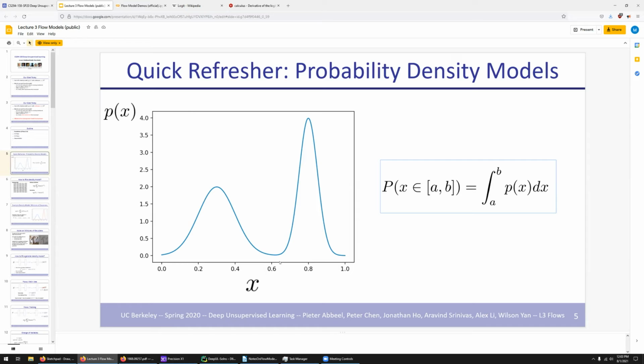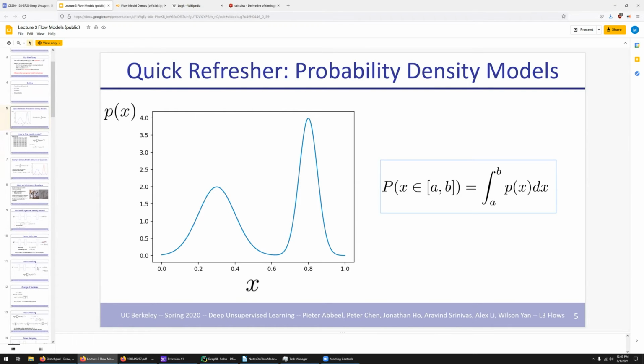That's why he's using capital P there. Capital P is probability, so the probability that x sits in that interval is the integral between those two points over the probability density function. The small p is the distribution function.